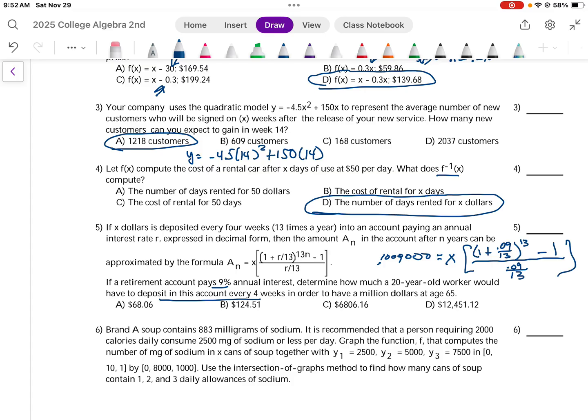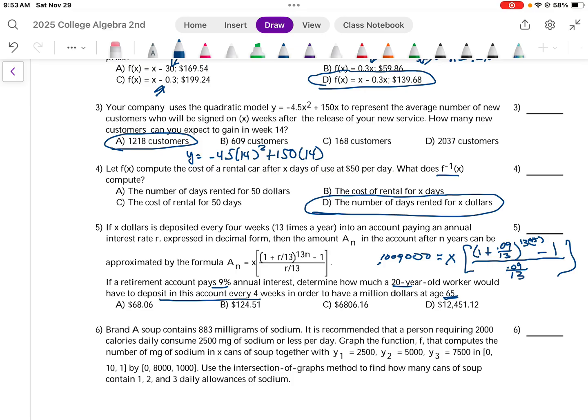All right, so there's our formula. So now we just got to figure out, what is our n? And n is the number of years, and they are a 20-year-old retiring at 65, so that'd be 45 years. And then now we just need to simplify the right side, divide it into the 1 million, then we'll be able to figure out what X is.